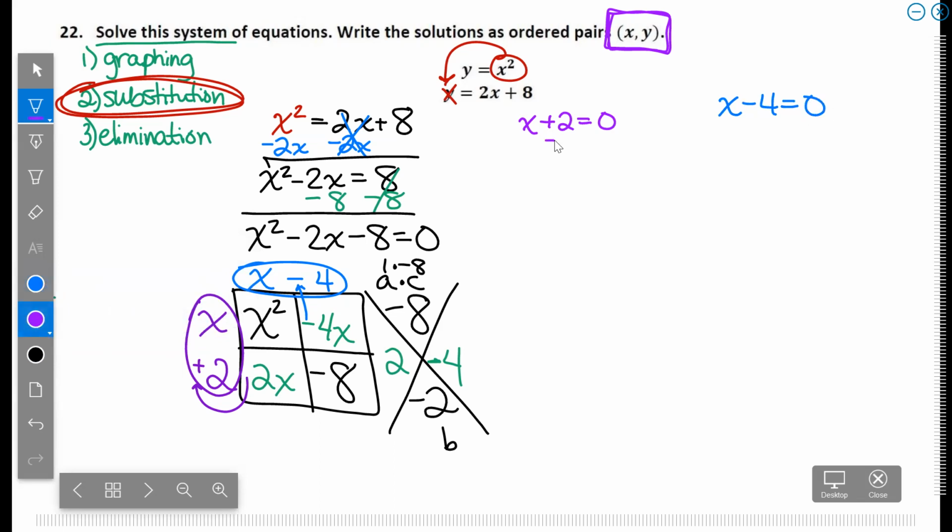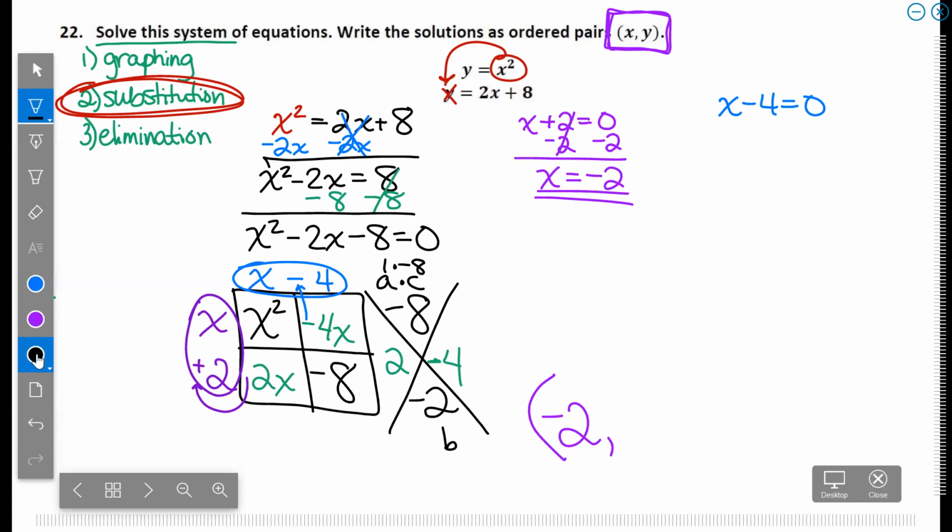So for x plus 2 equals 0, I'm going to minus 2 from both sides. X equals negative 2. So I know that part of my ordered pair, negative 2 something. How am I going to find the y part of the ordered pair? Substitute. I can substitute into either the top equation or the bottom one.